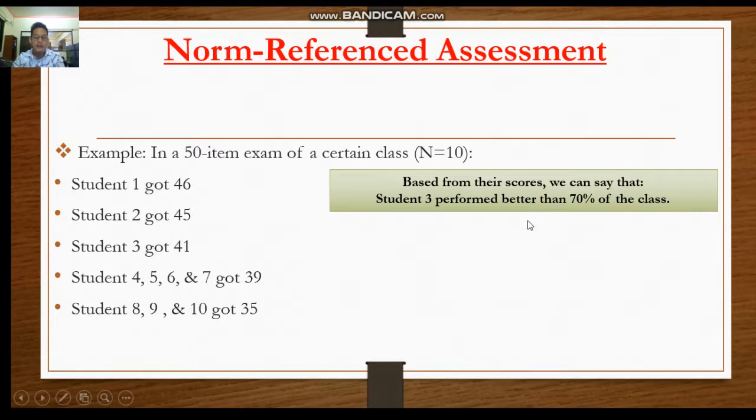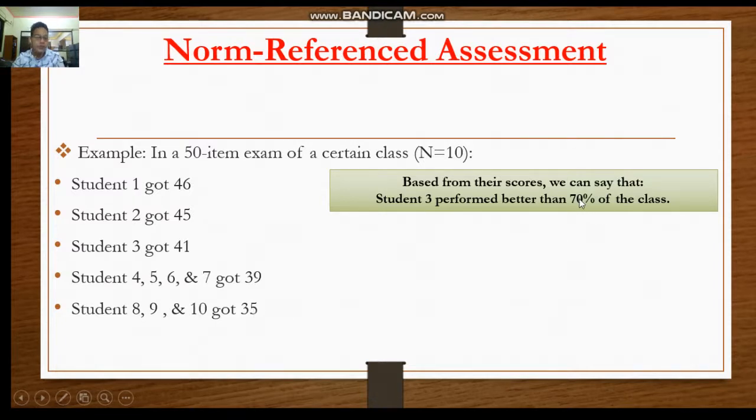How did we get the 70% of the class? Now remember that we have 10 students in this class. Three: one got 46, one got 45, one got 41. Four got 39, three got 35.